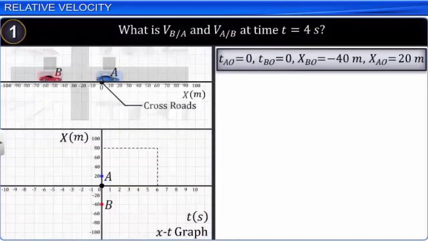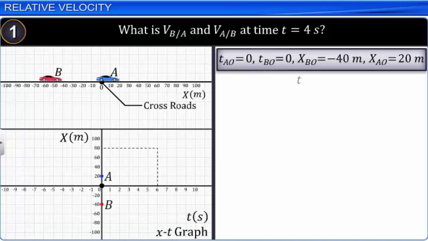As A and B are moving with different uniform velocities, the values of t, VA and VB are 4 seconds, 10 meter per second and 20 meter per second respectively. Here, VB by A is equal to VB minus VA.